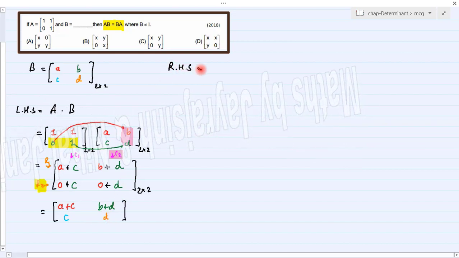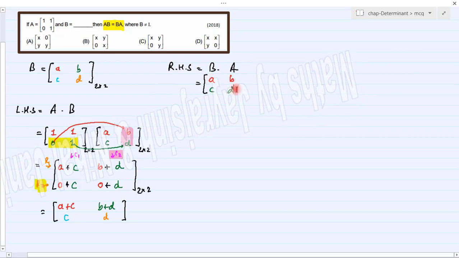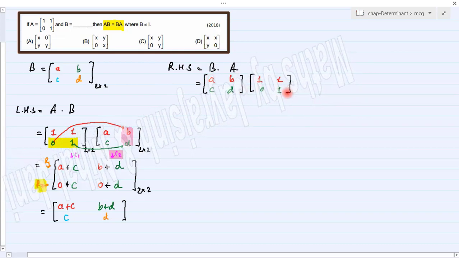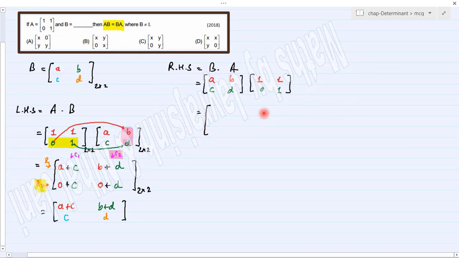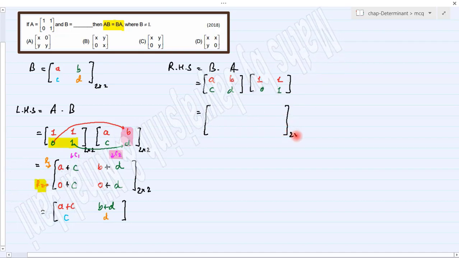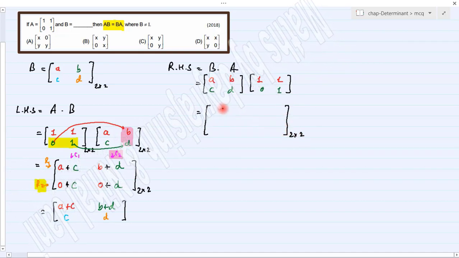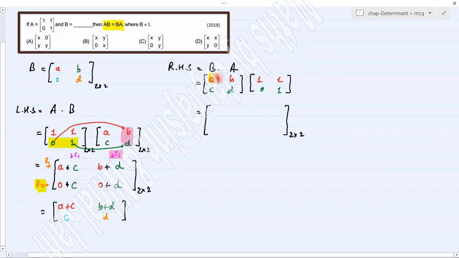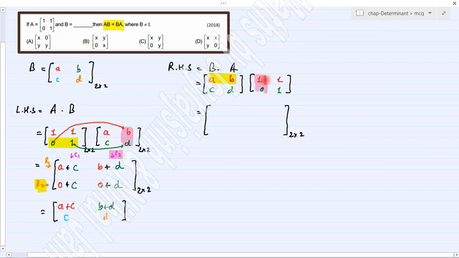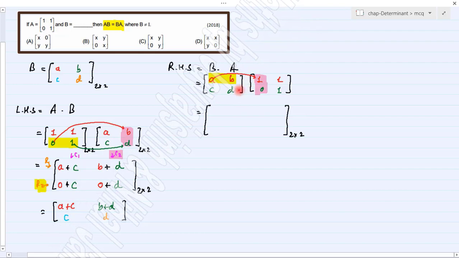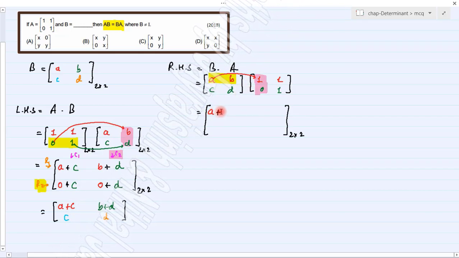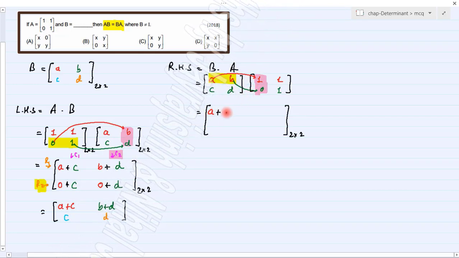Similarly, let's get your right hand side, which is B into A. So the resultant matrix is of order 2 cross 2. Let's get the first element, which is in first row and first column. So 1 multiplied with a will give us a, plus b zeros are 0.